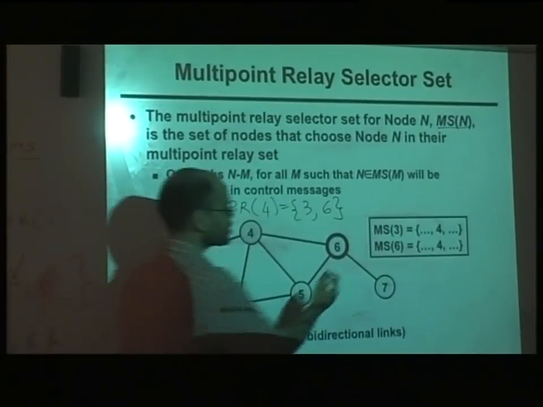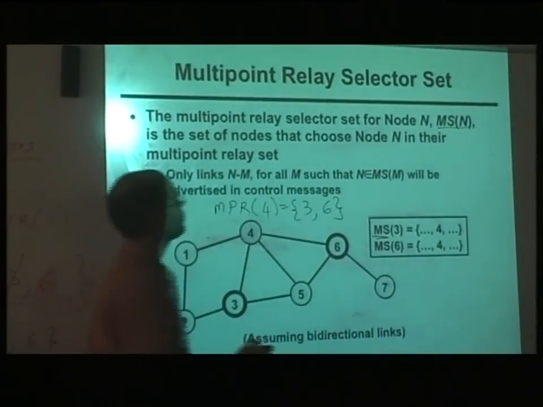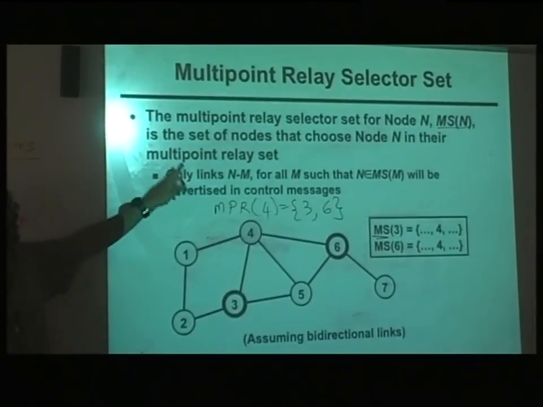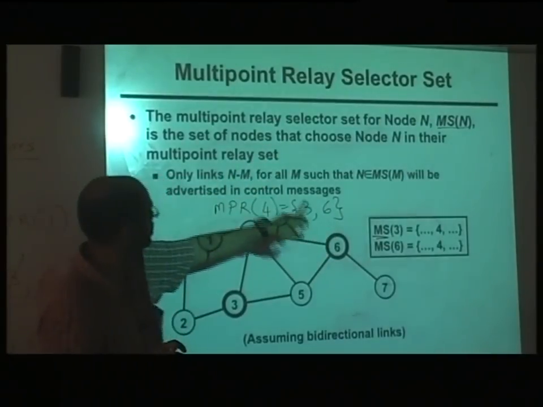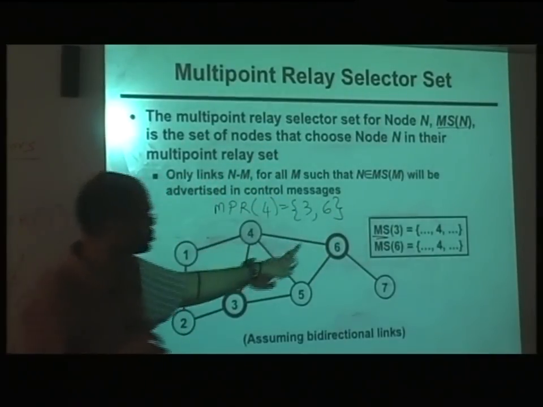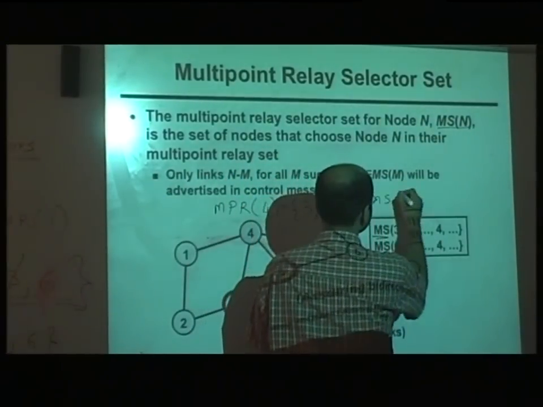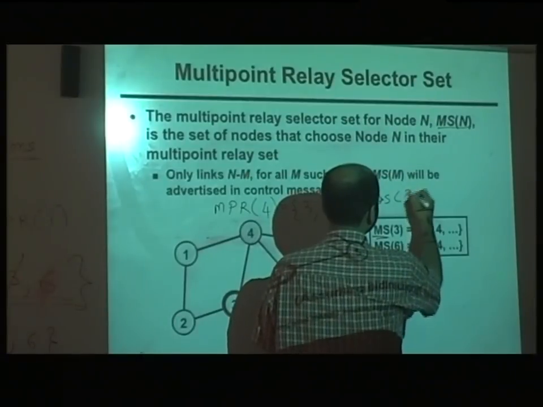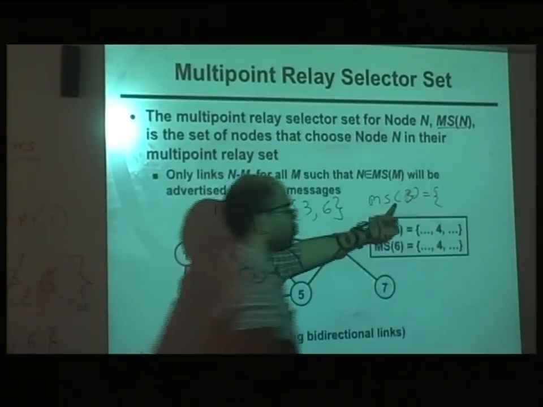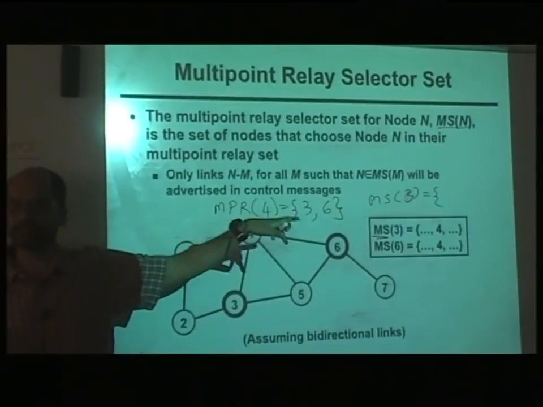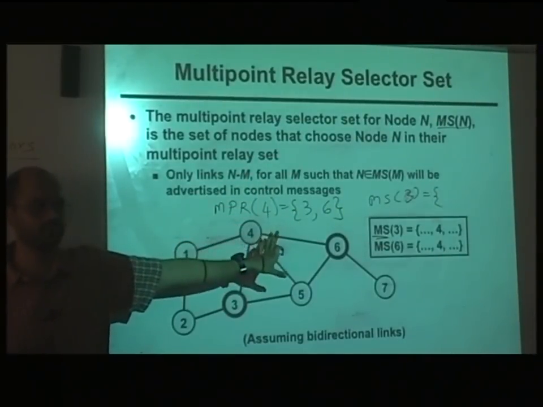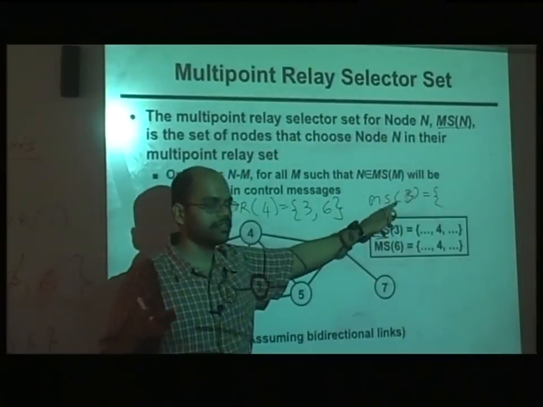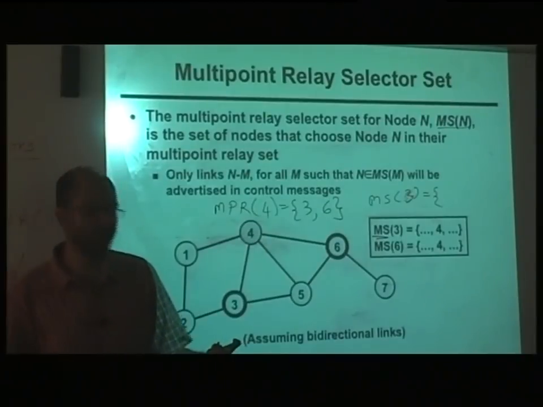Then what we are saying is MS. The multi-point relay selector set of node n is the set of nodes that chose node n in their multi-point relay set. So if you want to find out MS of 3, who chose 3 to be its MPR? This is the question. Which node chose node 3 to be its MPR?